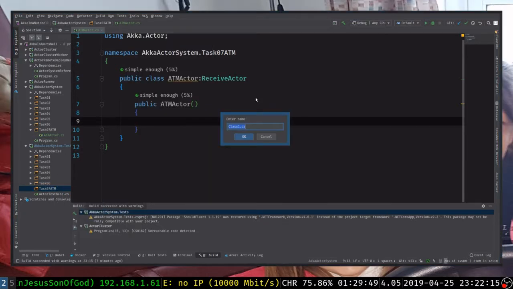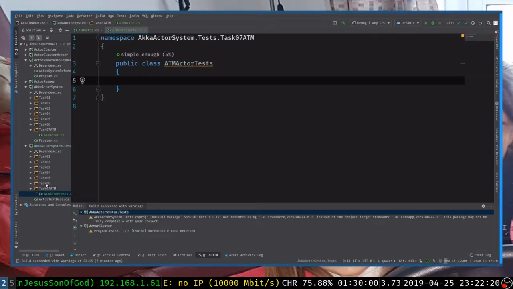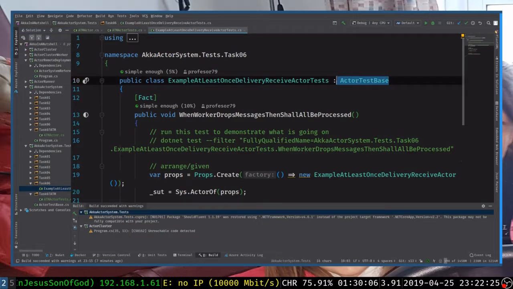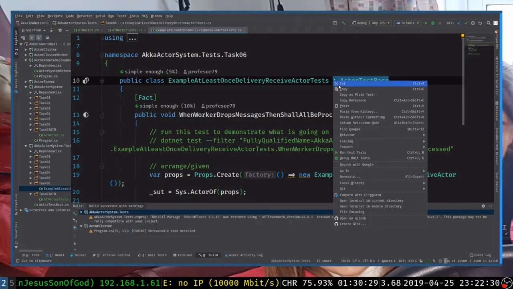Okay, so what we have here, ATM tests as usual. I'm using a solution which is already on GitHub.